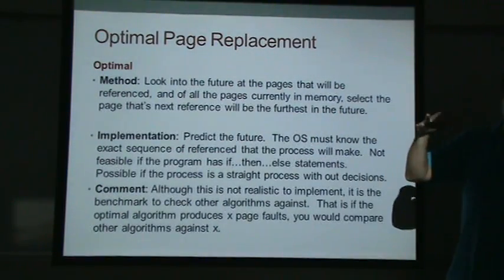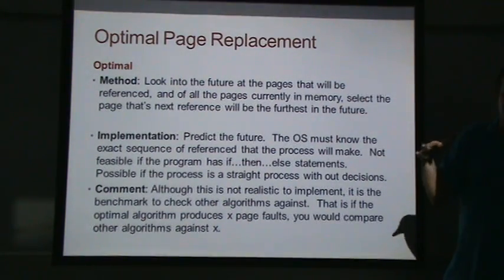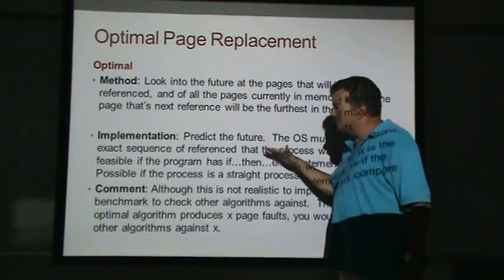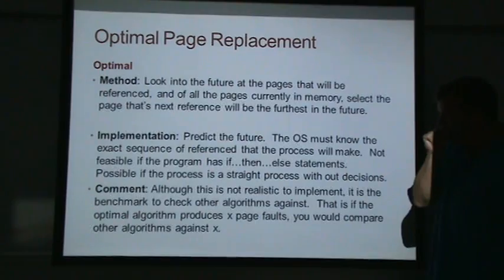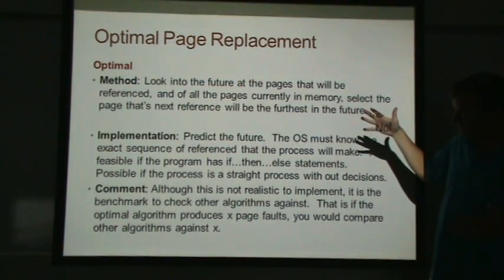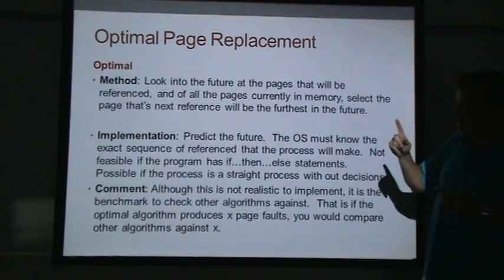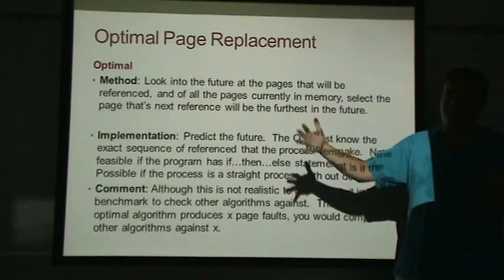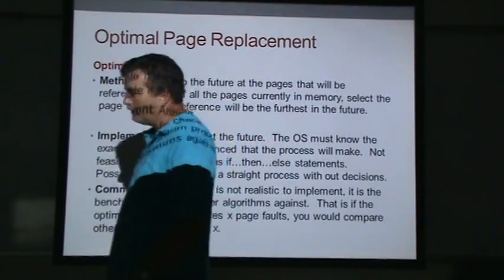If the program that's running has if-then-else logic, you can't predict which paths are going to be taken, especially if people are entering information to determine which way to go. So it's not a very realistic page replacement algorithm, but once the program finished running, you would then know what would have been the best. So it could end up being the benchmark that we're going to use.